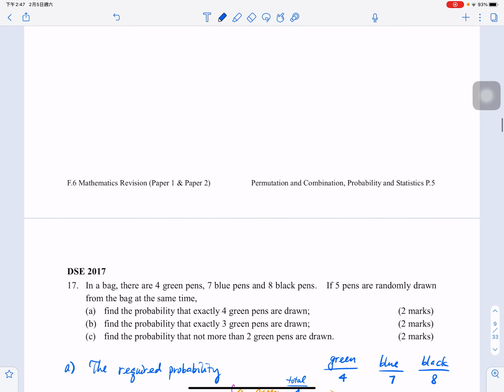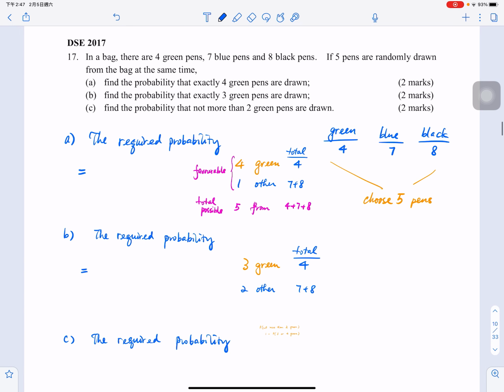Let's see one more year, 2017. Now this time, have a look. In the bag, there are 4 green pens, 7 blue pens, and 8 black pens. Usually I write it here clearly: green has 4, blue has 7, and black has 8.